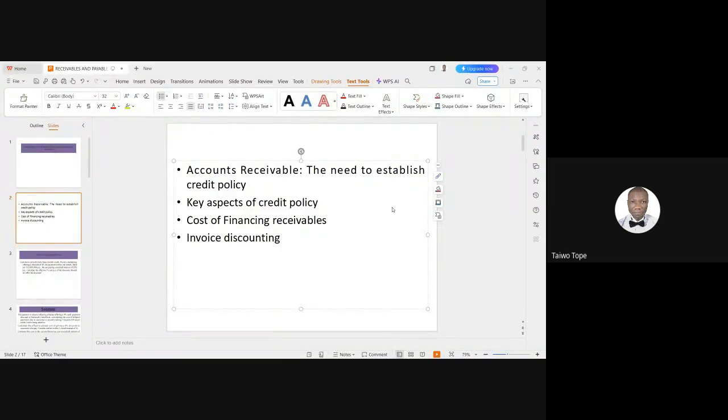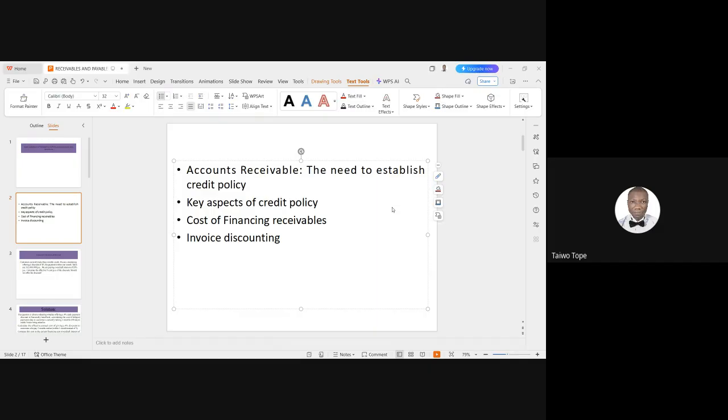You can use debt collectors, those that will help you follow up to collect your money. You can institute legal action to get your money. Some customers can be so recalcitrant that even when you call, even when you send reminder letters, they might not do the needful.